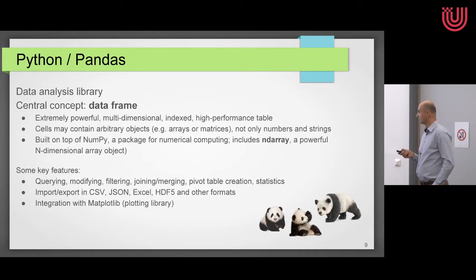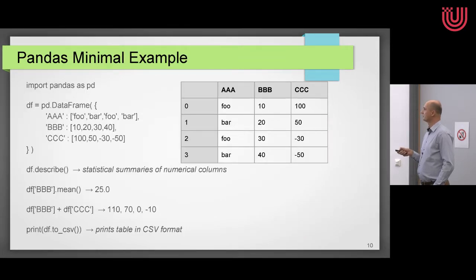So here's a short example. This is some code where you create a data frame. There will be 3 columns, AAA, BBB, and CCC with some values. And some basic commands that you can try: describe will print a statistical summary of all 3 columns, like mean, standard deviation, stuff like that.